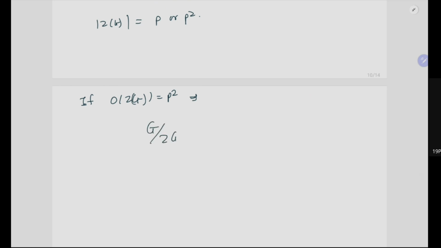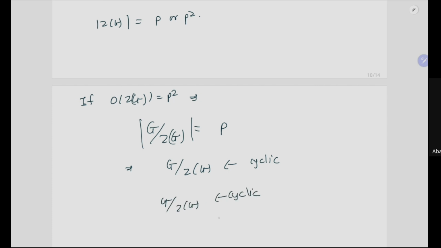G quotient Z(G) will have order P, and then G by Z(G) will be cyclic, right? And if G by Z(G) is cyclic, then we know that G becomes abelian.